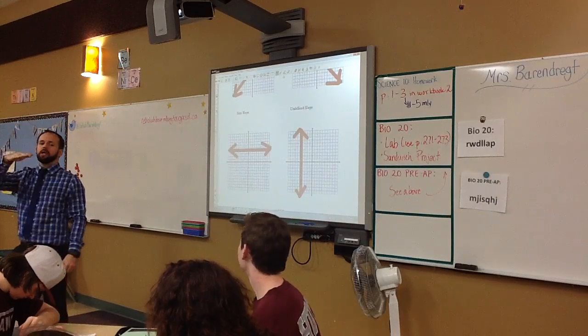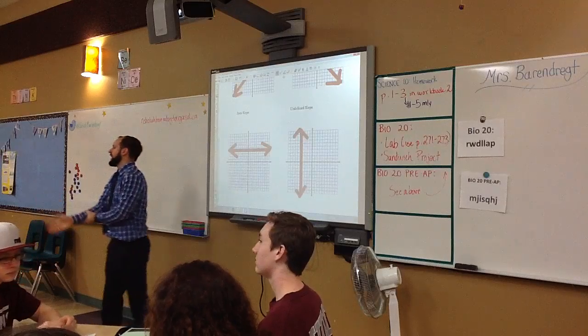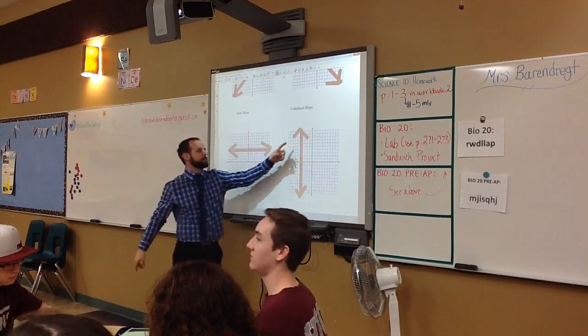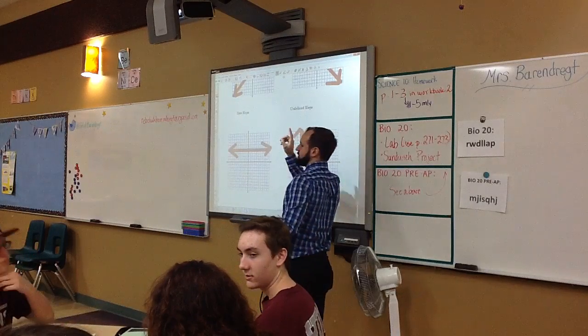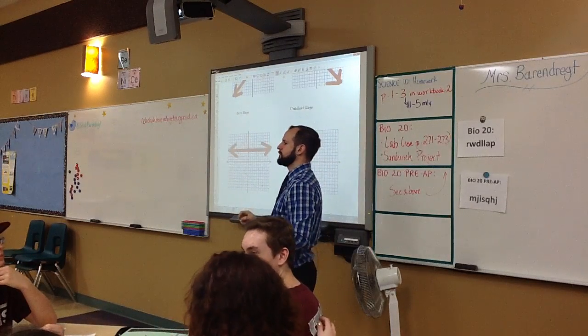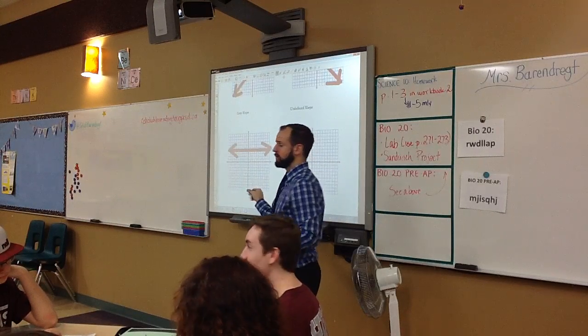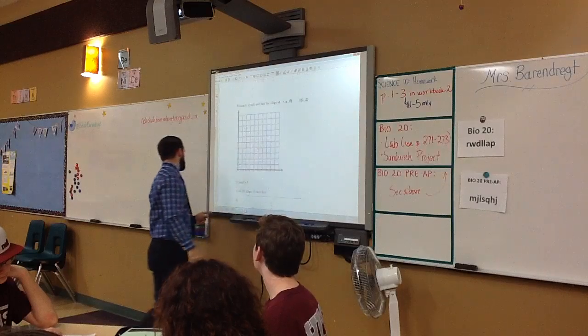Okay? There's no increase. It's going to stay at that x value forever. That makes sense? Especially with those arrows. That arrow represents that it keeps going at that pace for the end of time. Okay? Straightforward? Let's keep moving.